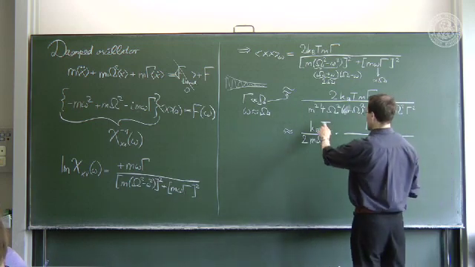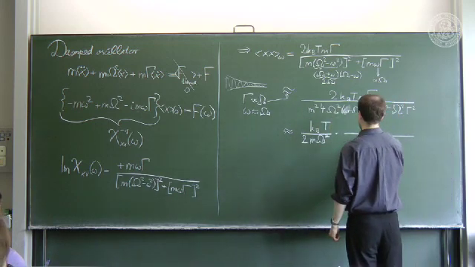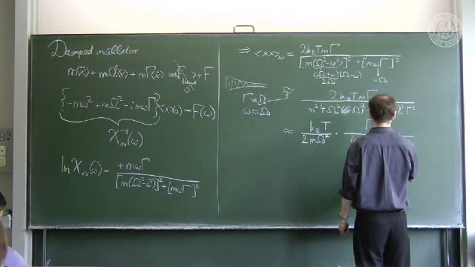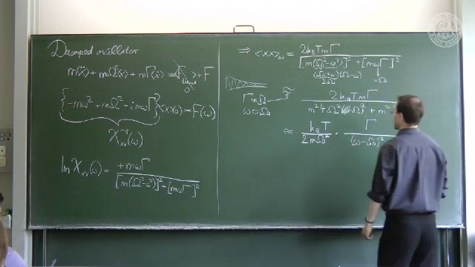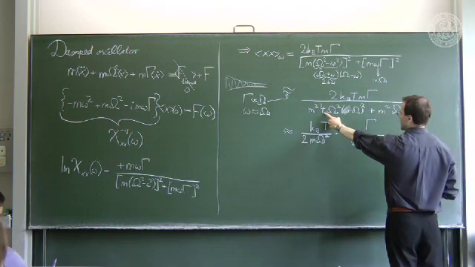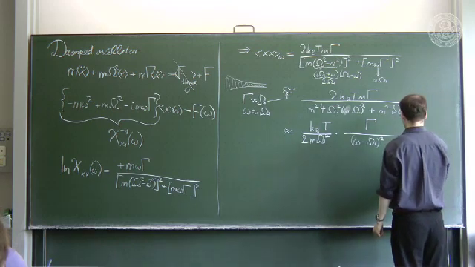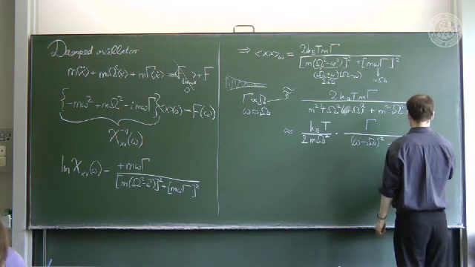I already pulled out m omega squared, so what is left here is simply the difference in frequency squared plus, now see I pulled out a factor of 4, so overall I get gamma half squared.